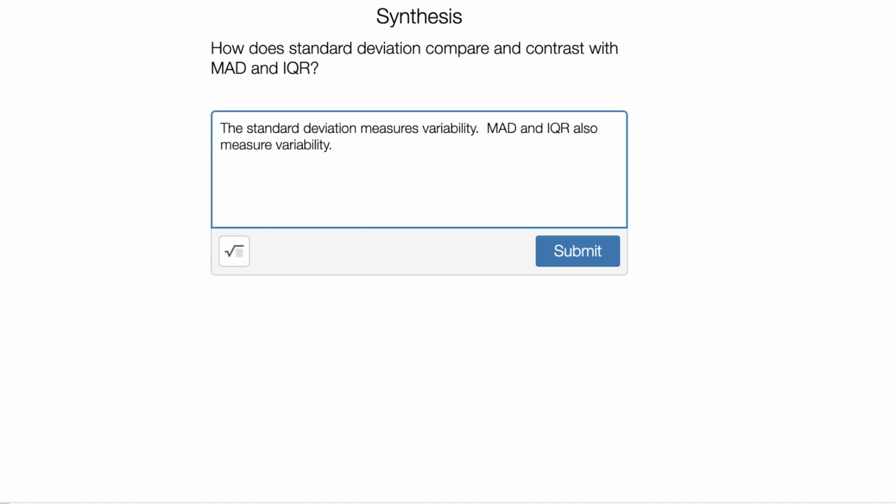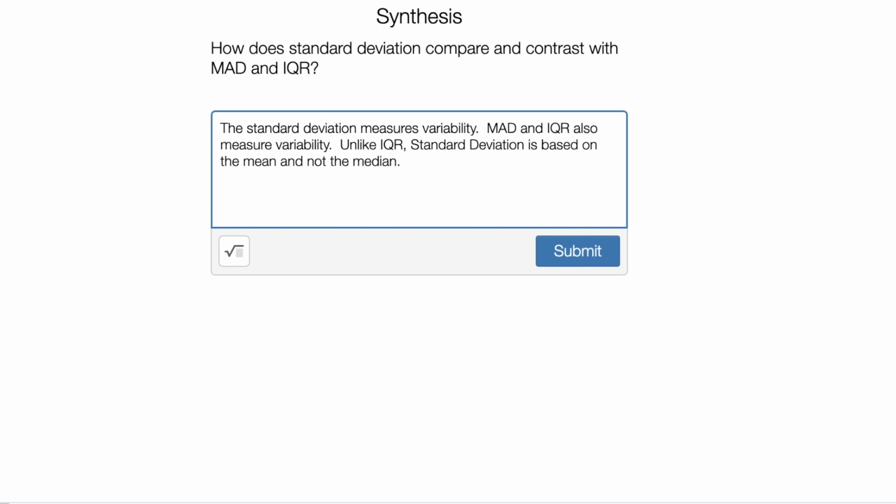But standard deviation, unlike IQR, is based on the mean and not the median. So IQR is based on that median. We do Q3 minus Q1. Standard deviation is very similar to mean absolute deviation because it involves finding the difference of each value and the mean, but then you perform different operations.